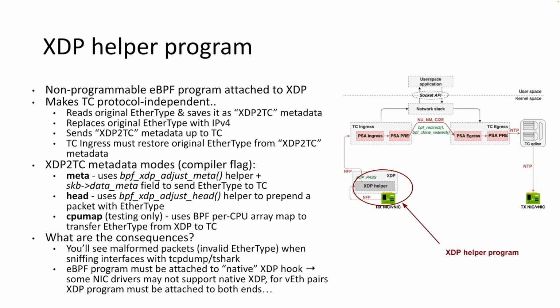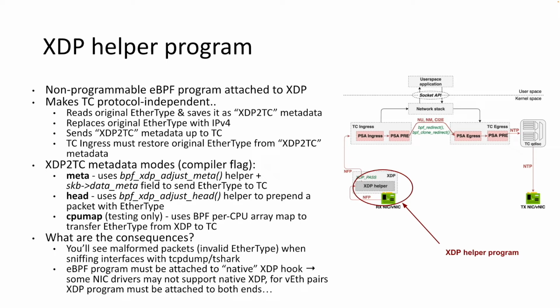This workaround works as follows. First, the XDP helper reads an original Ether type and saves it as a so-called XDP to TC metadata. Then the XDP helper program replaces original Ethernet type with IPv4 type and sends XDP to TC metadata in out-of-band fashion, which I will explain in a while.